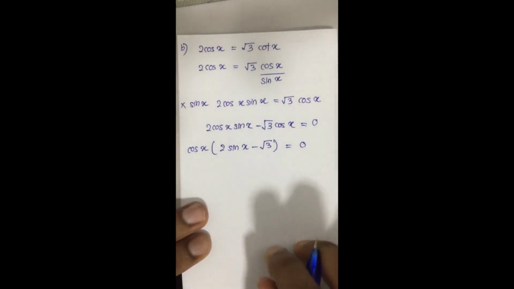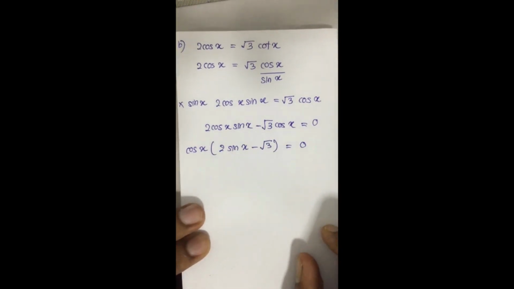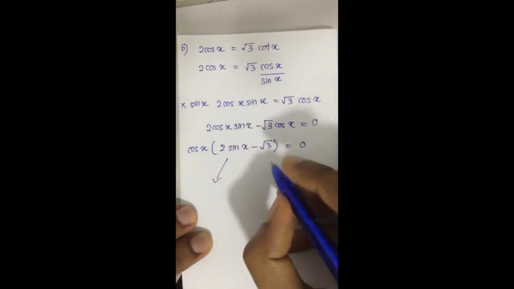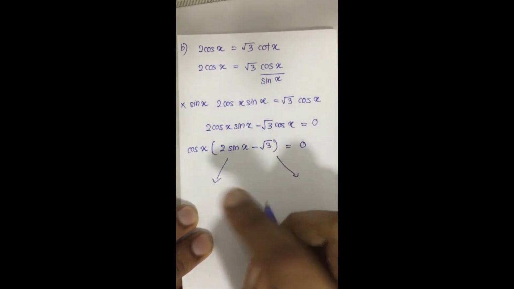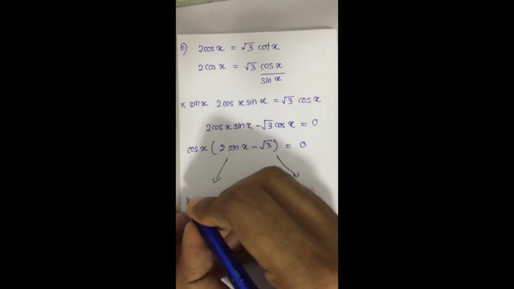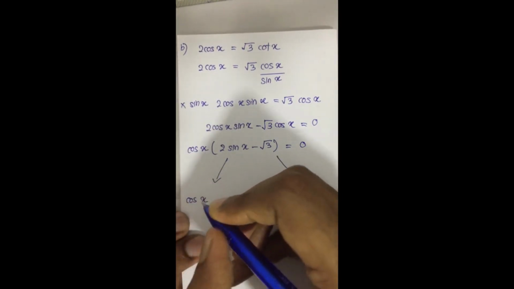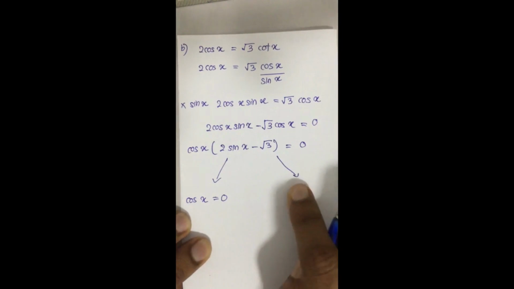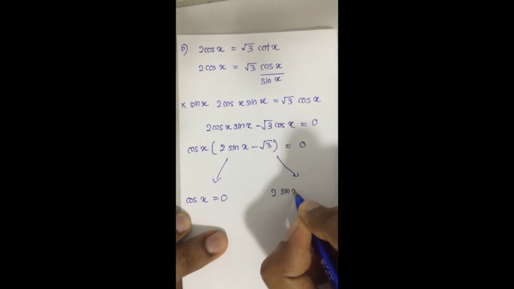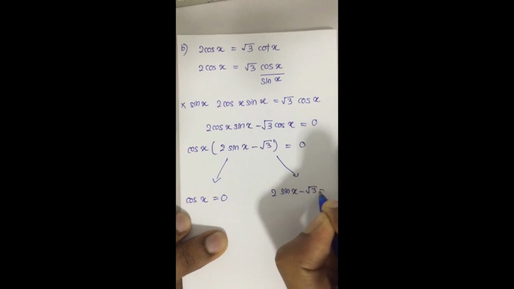So from here we're going to have two concurrent workings, guys. Let me split into two. You will have two possible solutions. Let us start with cos x equals to 0, and over here you have 2 sine x minus sec 3 equals to 0.